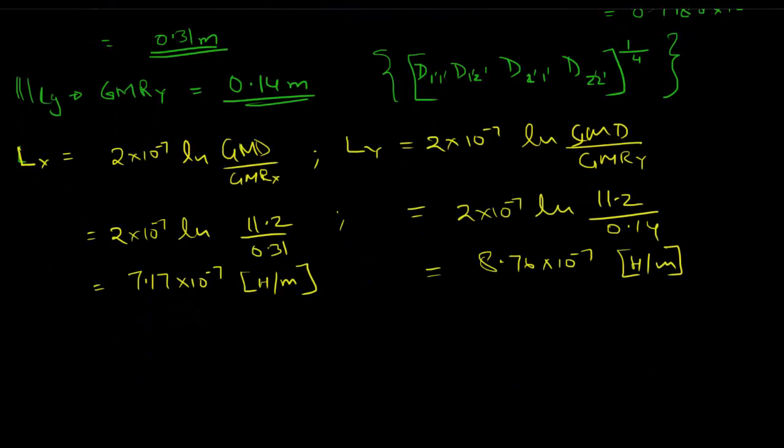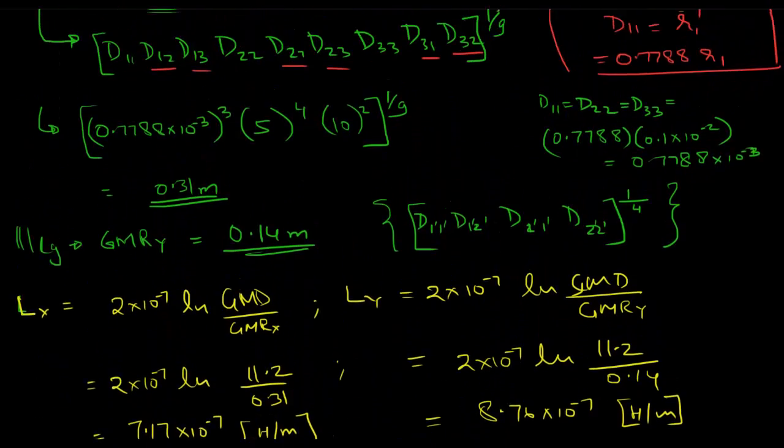These are both obviously inductances per conductor. So then you get your inductance for the circuit as Lx plus Ly, and that is nothing but 15.93 into 10 to the power minus 7 henry per meter. So that's the value you get.